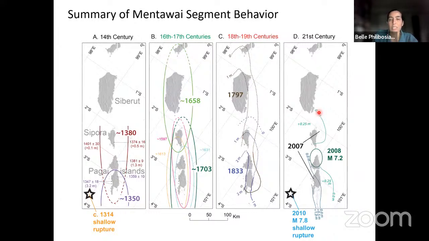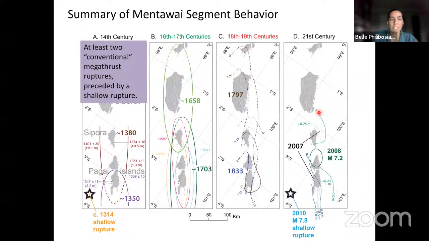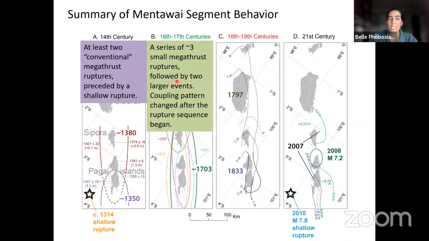So to summarize all of this, it seems like what is going on is in the 14th century, we've had at least 2 conventional megathrust ruptures followed by a shallow rupture. Next, in the next sequence, we had about 3 relatively small megathrust ruptures followed by 2 larger events, and we had a change in the coupling pattern after the beginning of the rupture sequence.